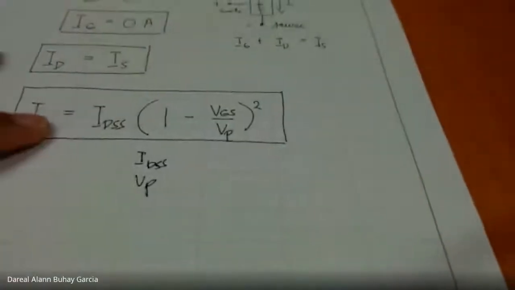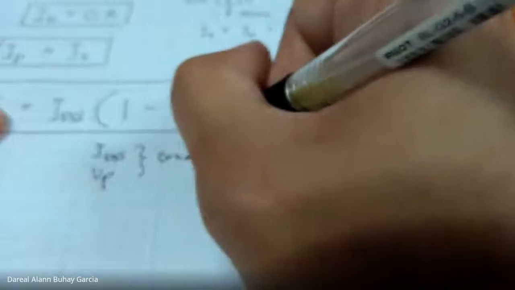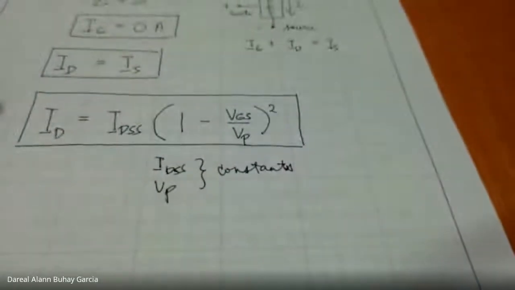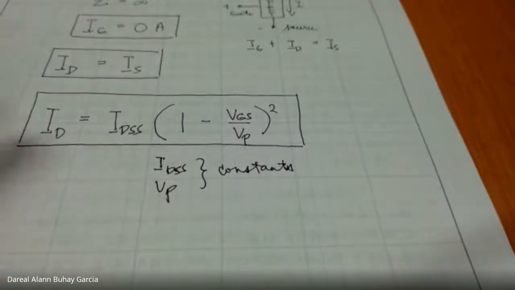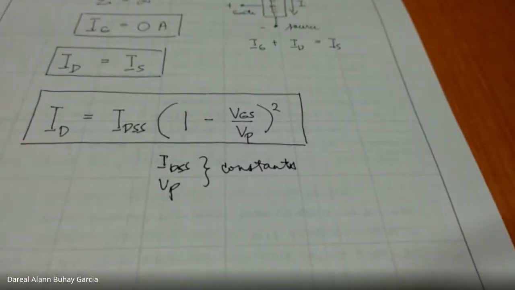Now, in this equation, where can we find IDSS and VP? IDSS and VP are both constants. I'll explain them later. With a BJT, the constants would be like beta. These are device characteristics or device parameters.